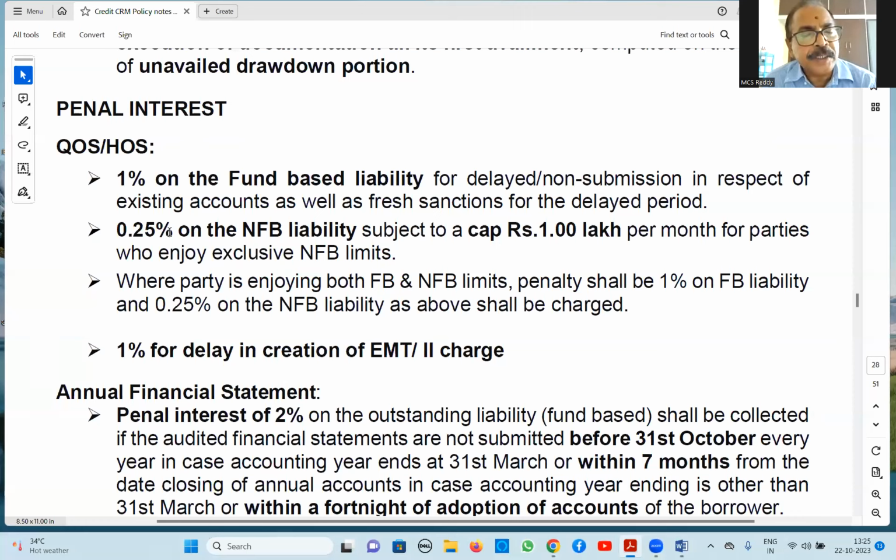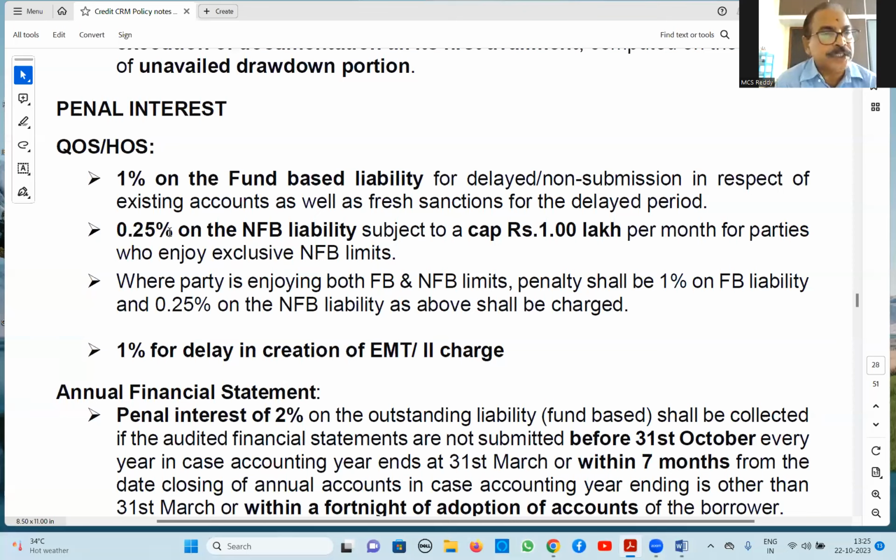Within that time they have to submit, otherwise you have to charge penal interest 1% on the fund based liability and 0.25% on the non fund based liability. If exclusively NFB facility is there, maximum cap is 1 lakh only. This is the penal interest in case of non submission of QoS or HOS.